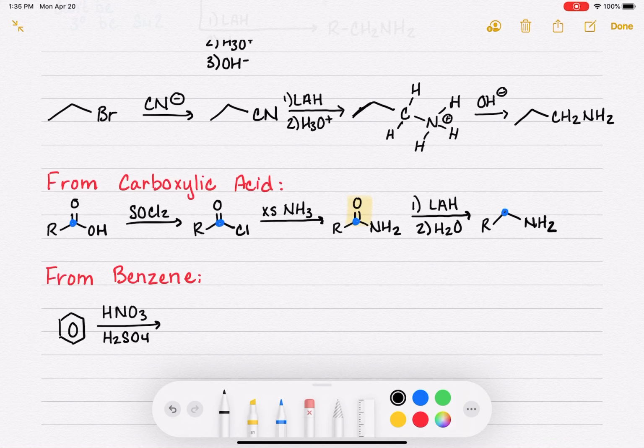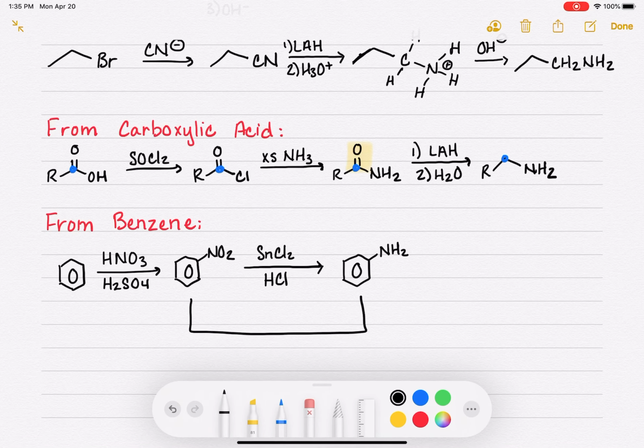This puts the nitro group on the ring. And then that nitro group can be reduced down to an NH2 group. There's two different sets of reagents that we can use for this last step. We can use tin(II) chloride, SnCl2, in acid, and that will give you this amine, which is aniline.